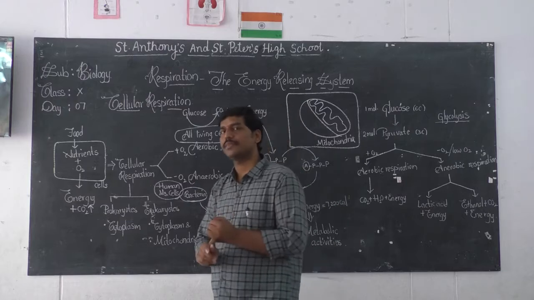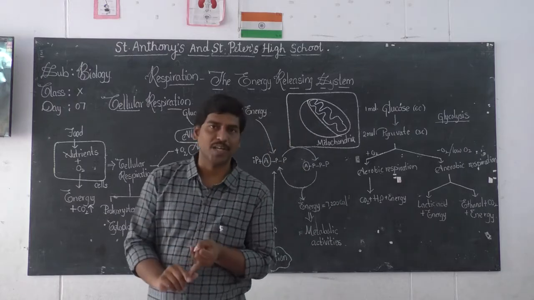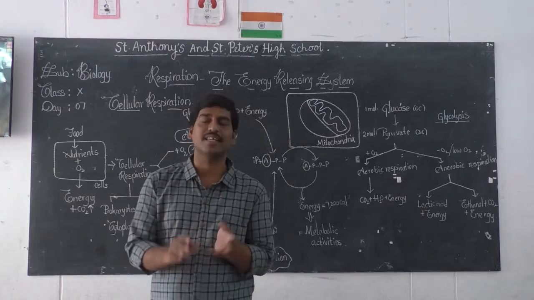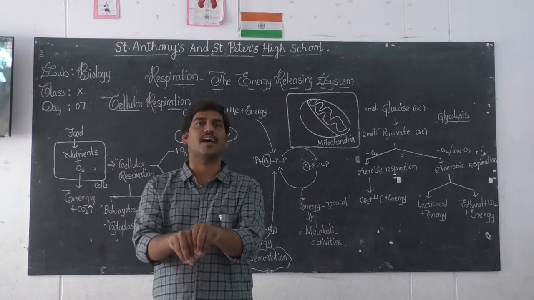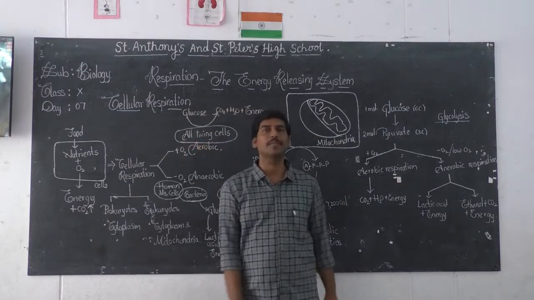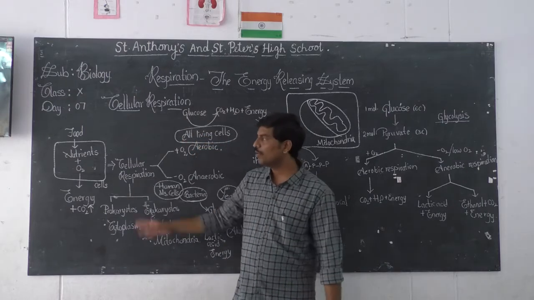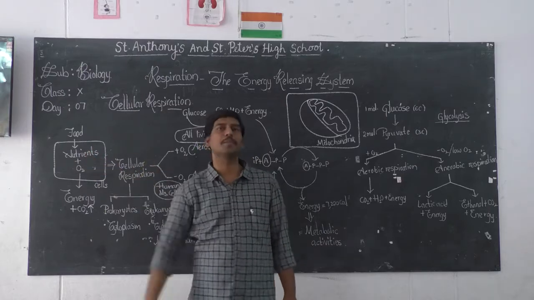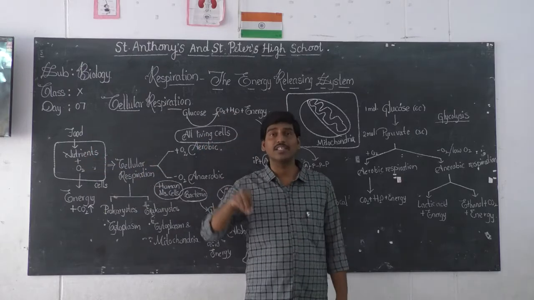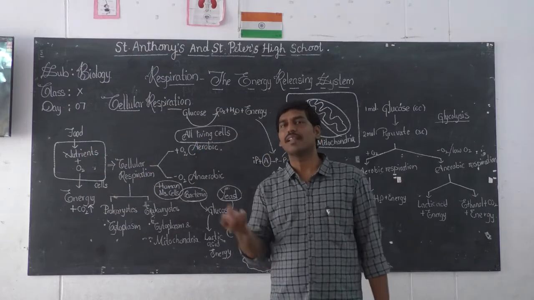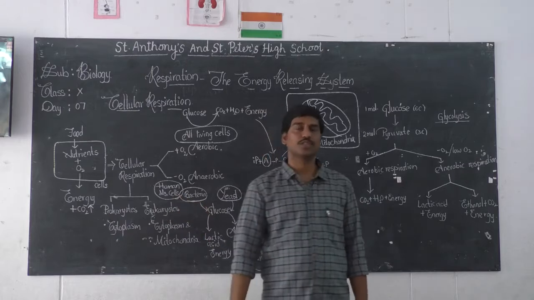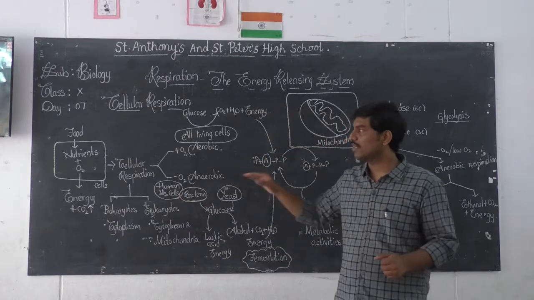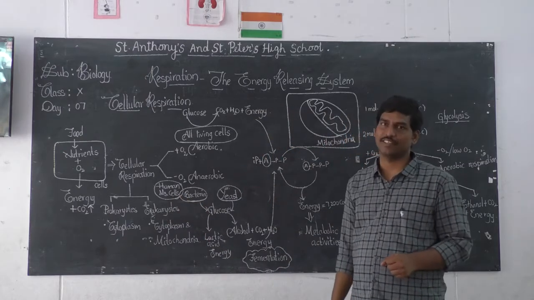Within these chemical substances, glucose or amino acids or fatty acids, energy is fixed or trapped in the form of chemical bonds. During these reactions, these chemical bonds are broken down and the energy which is fixed in them is released. So all these things are chemical reactions.